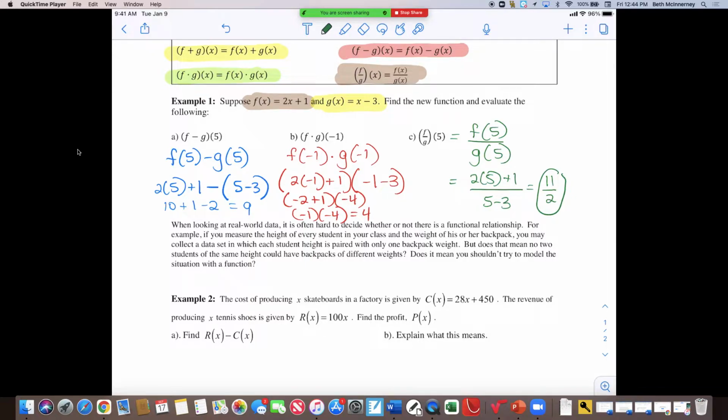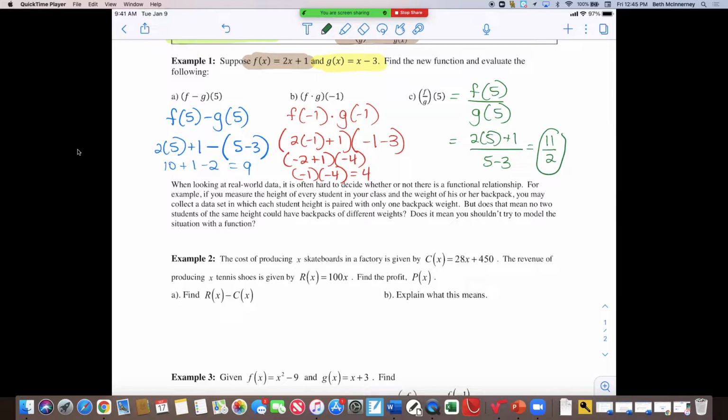Yeah. All right, when looking at real-world data, it is often hard to decide whether or not there is a functional relationship. For example, if you measure the height of every student in your class and the weight of his or her backpack, you may collect a data set in which each student height is paired with only one backpack weight.